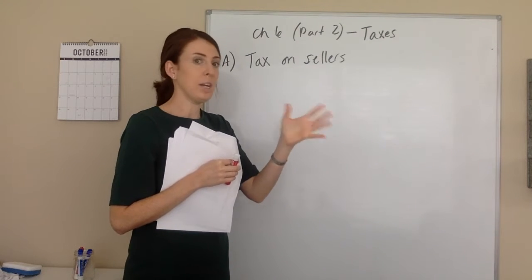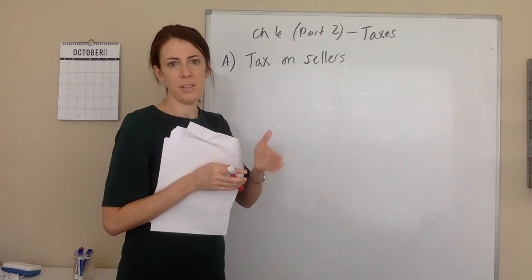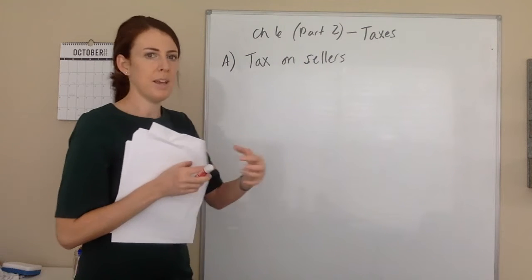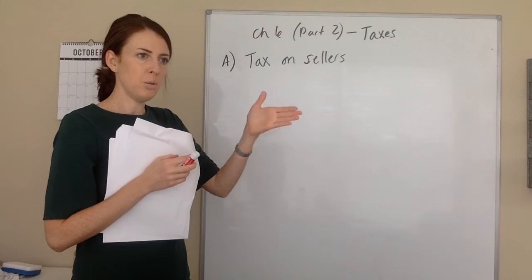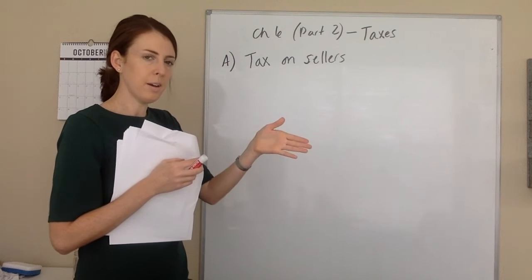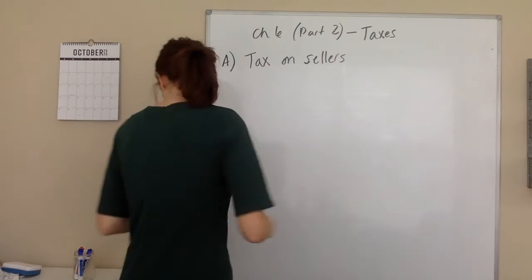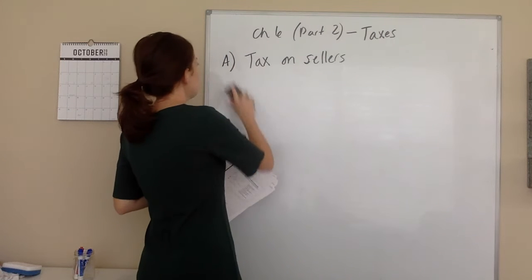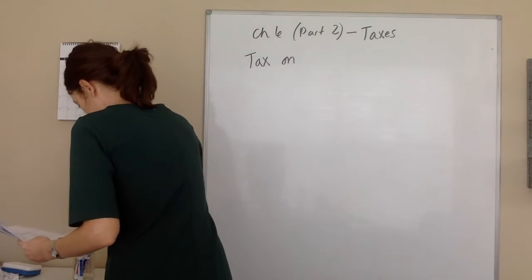It's not like a 6.2% tax, because that would not be a fixed dollar amount; that's a tax that grows proportionally with the amount of the base. So commodity taxes are just a pegged number, and you consistently apply that tax amount to each product. Okay, so B is going to be a tax on buyers.